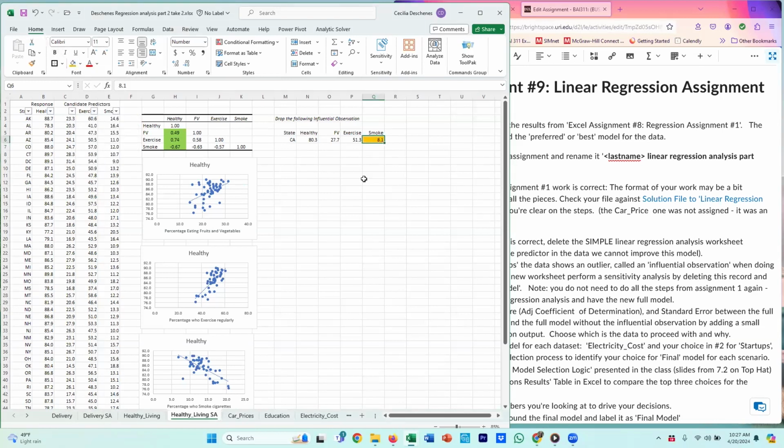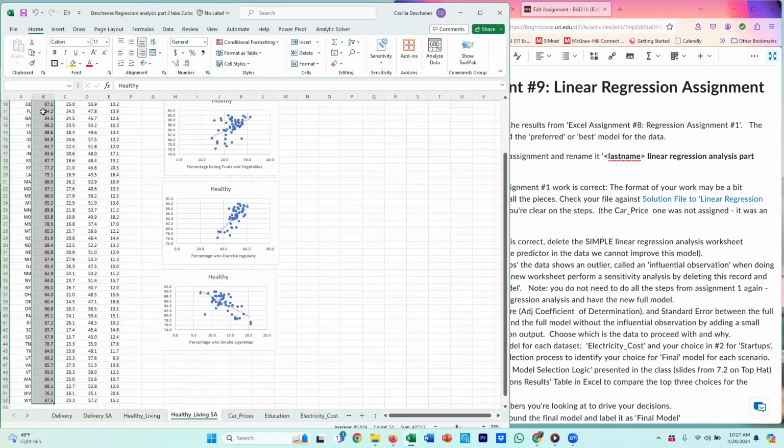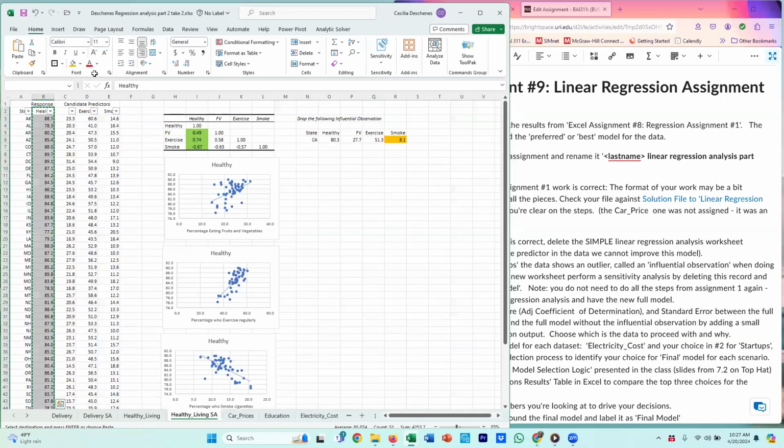And I highlighted the reason why I considered it influential is because of the 8.1. Okay, so then I run a sensitivity analysis.